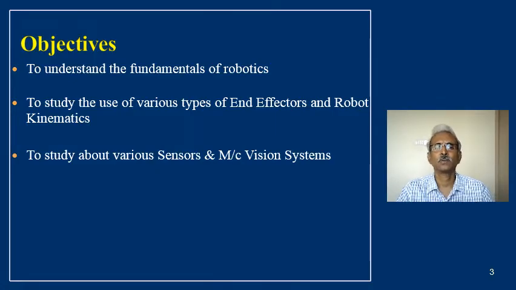Next is about studying various types of sensors and machine vision systems. When we talk about sensors, I need not emphasize much, because you know that the buzzword around the industry is Industry 4.0, and this Industry 4.0 is not possible without advanced sensors.